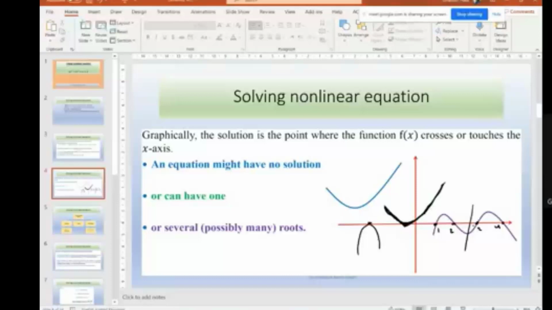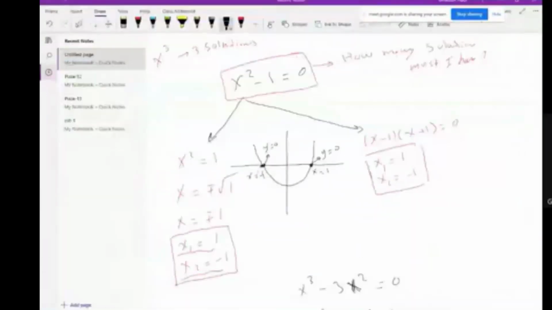And if we have a function like this, we have no solution. Like this, x squared plus x plus 1 equals 0. I cannot solve this. We have no solution for this equation.